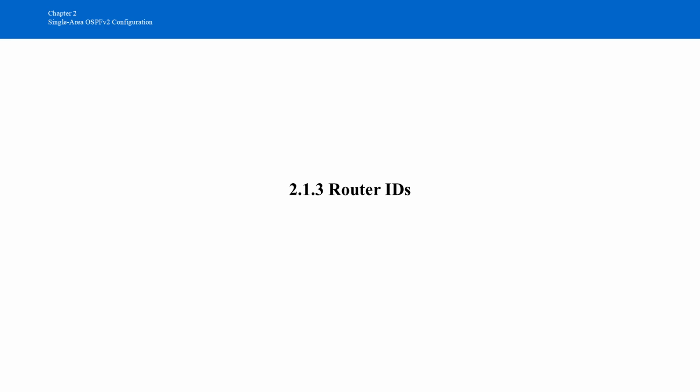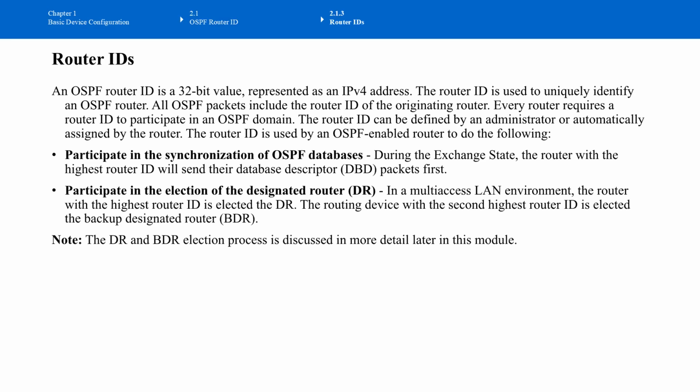2.1.3 Router IDs. Before an OSPF router can exchange routing information, it must have a router ID, often abbreviated as RID. The router ID is a 32-bit value that is written in the same format as an IPv4 address.